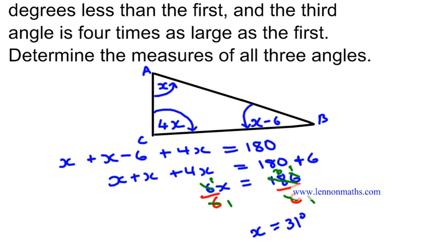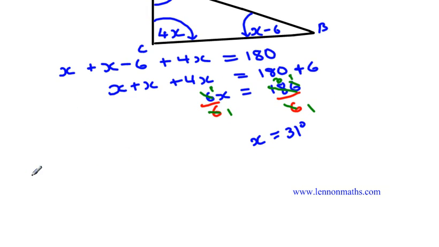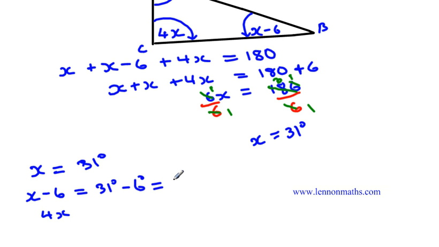Now to find the others, let's put it down. I know my angles are: the first angle is X, the second one is X minus 6, and the third is 4X. So it's going to be 31 degrees for the first angle. The next one is 31 degrees minus 6 degrees, and that would be 25 degrees.